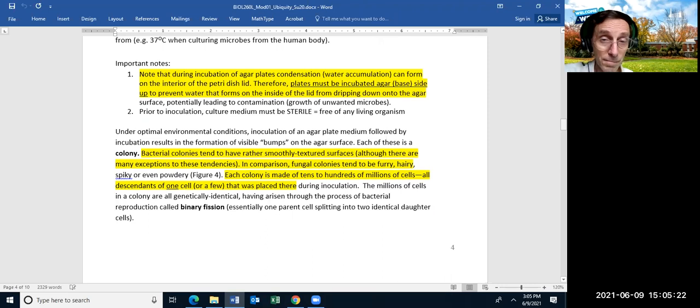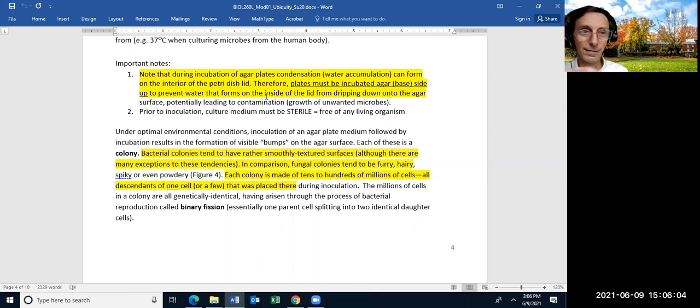During incubation, an agar plate will have water come out of the agar and then condense on the lid of the plate. Therefore, when we incubate plates, we incubate them upside down with the lid on the bottom. I don't know if you can see that. Yellow for some reason doesn't show up well.